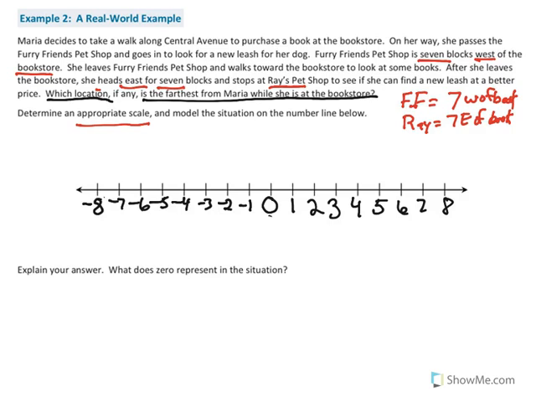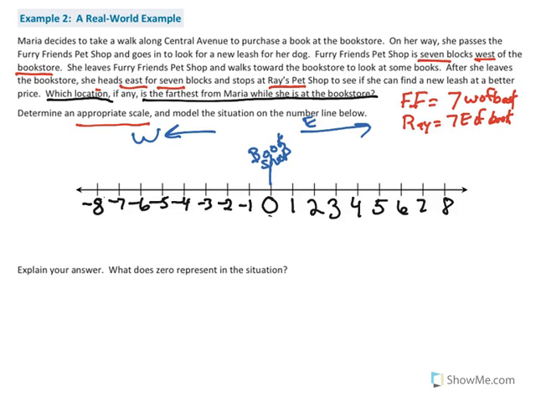Now we can start to model it. We want Furry Friends to be 7 west of the bookshop and Ray's to be 7 east of the bookshop. So that means we need to make the bookshop right here at 0. If you remember, west goes over this way, and east is over here, to the right.